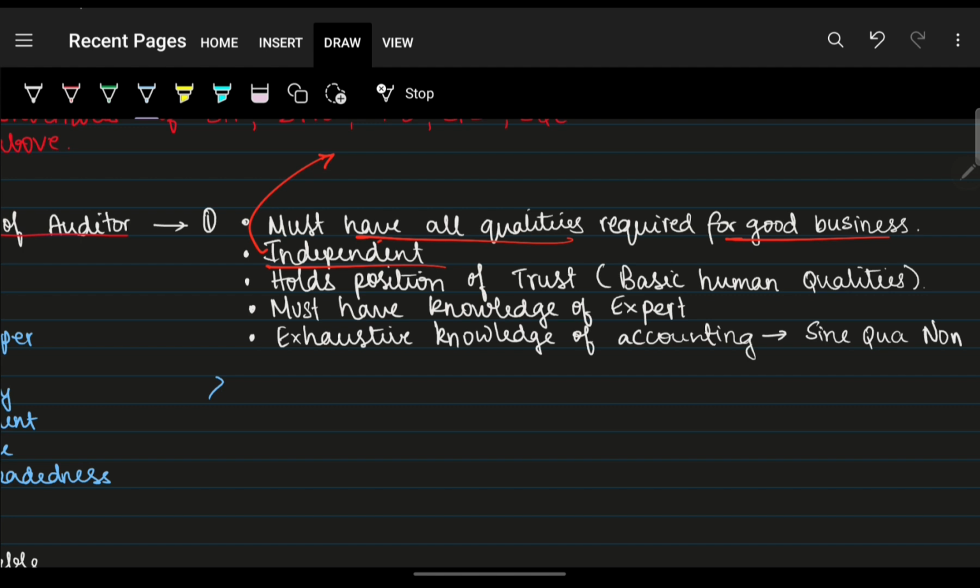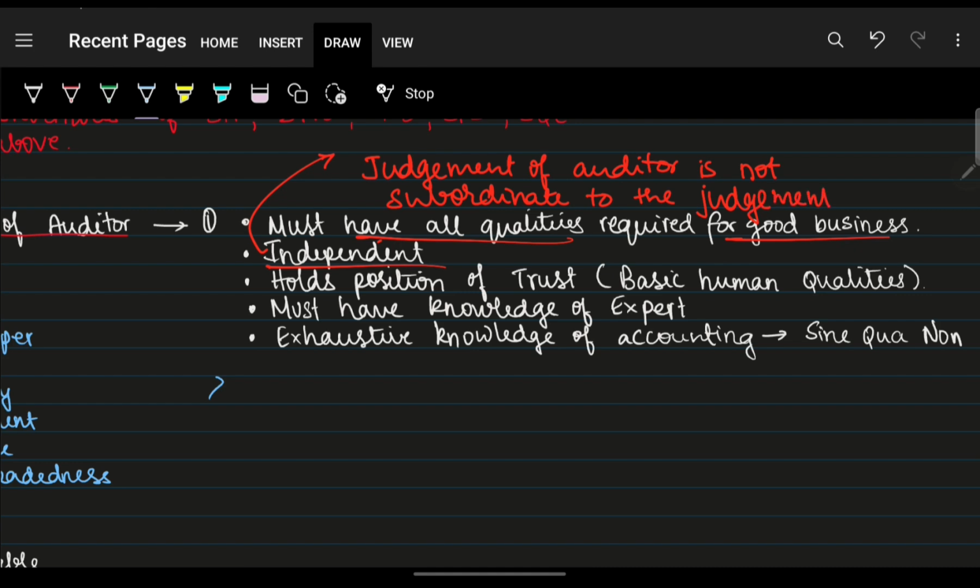It means that the judgment of the auditor is not, what is the keyword, not subordinate to the judgment of any other person.